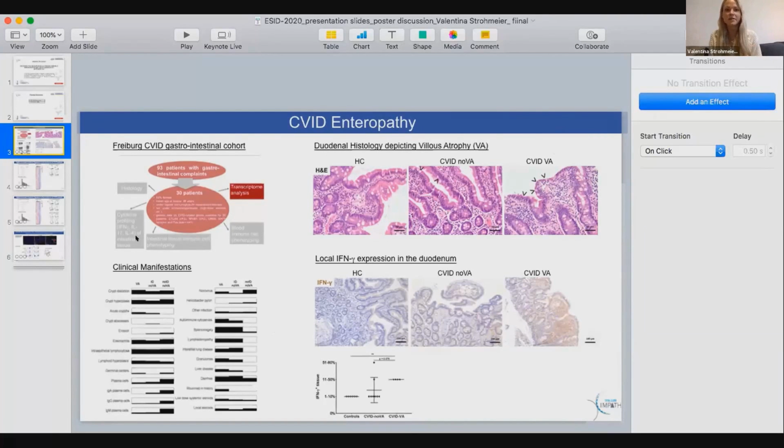Yeah, this is one problem that we're facing, because CVID itself has a strong effect. And then there comes also this villus atrophy, which only affects a part of the intestinal organs, of course. CVID itself also has a high impact on the tissue state in the duodenum. That's actually what we believe, but we're still eager to find out what makes the difference.